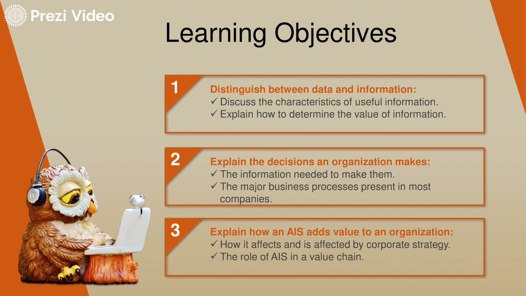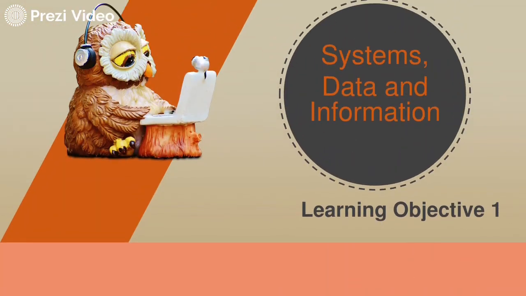The last learning objective is to explain how an AIS adds value to the organization, how it affects and is affected by the corporate strategy, and its role in the value chain. In this learning video, I will explain first the learning objective number 1.